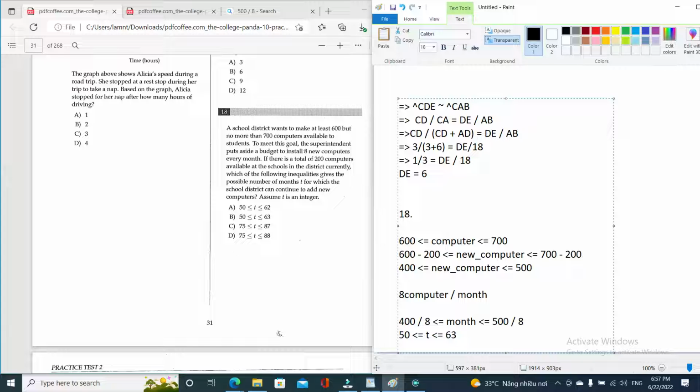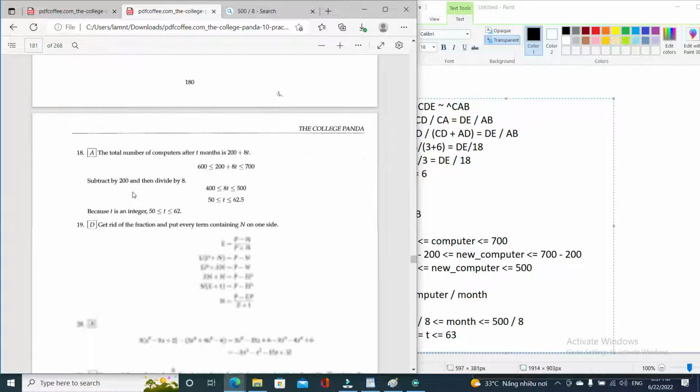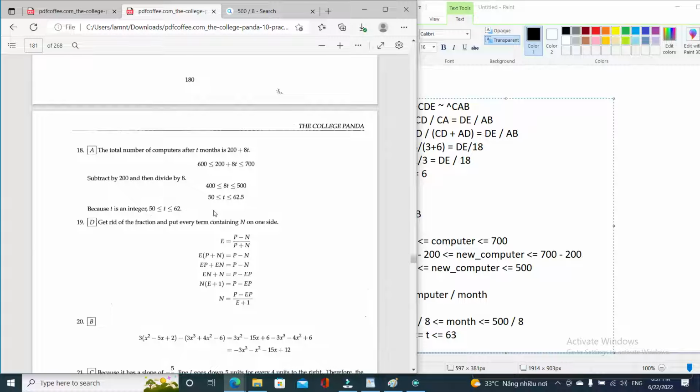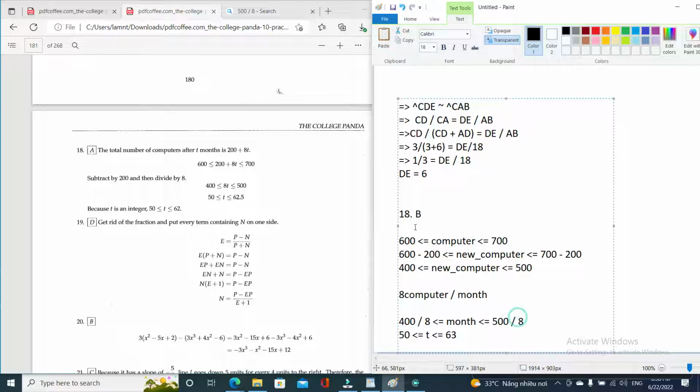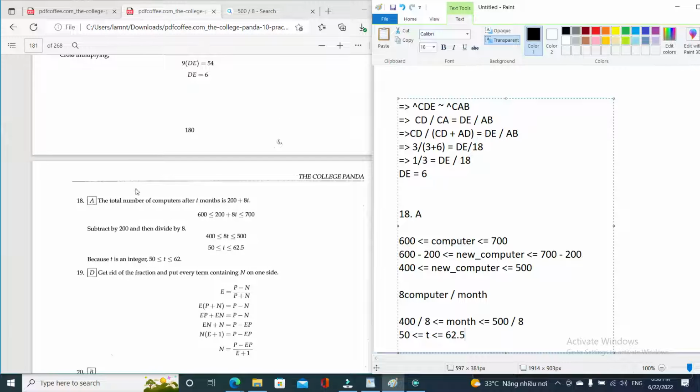So I think it's B. I'm not sure about this, so let's check it. It is A. So it's actually A. Sorry, this is actually 62.5, so I just made a mistake there. It's A.